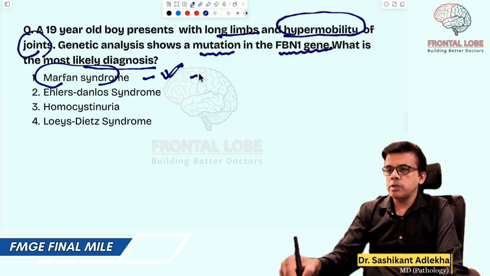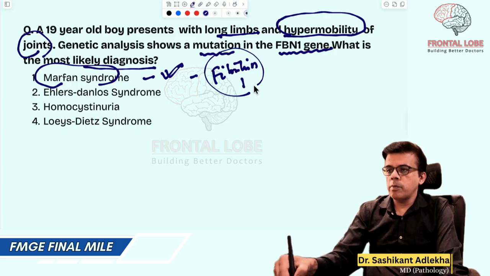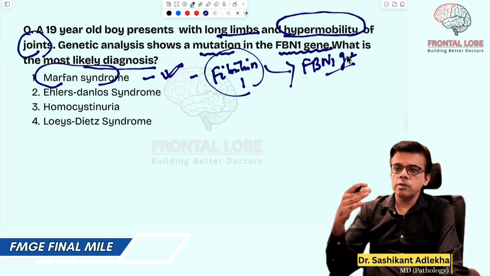And why? Because in Marfan syndrome, fibrillin 1 is defective and fibrillin 1 is encoded by the FBN1 gene. So what happens in Marfan syndrome?